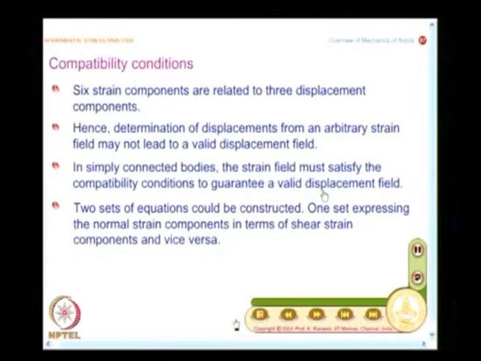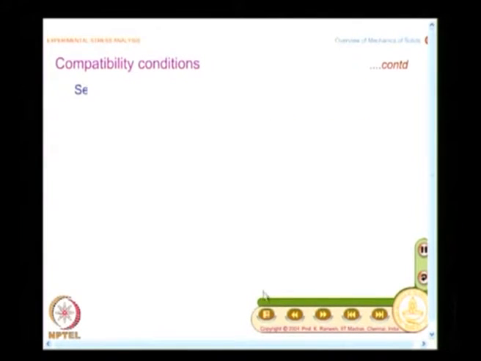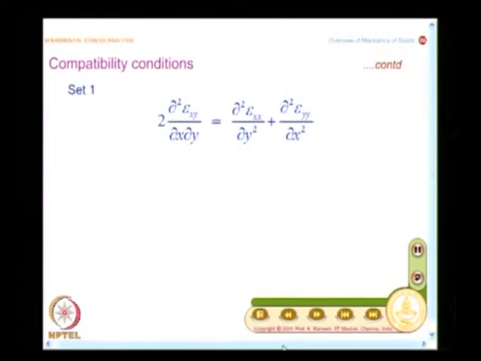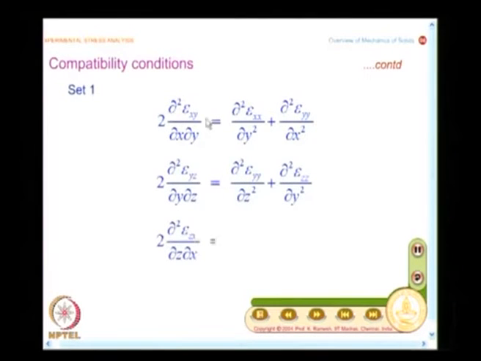And what you see here, 2 sets of equations could be constructed. One set expressing the normal strain components in terms of shear strain components and vice versa, and the equations appear like this. So, when I relate the normal strain components to the shear strain component, you have it like this. On the left hand side you have only shear strain components, on the right hand side you have the normal strain components.